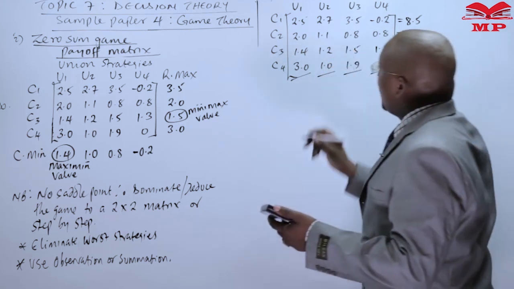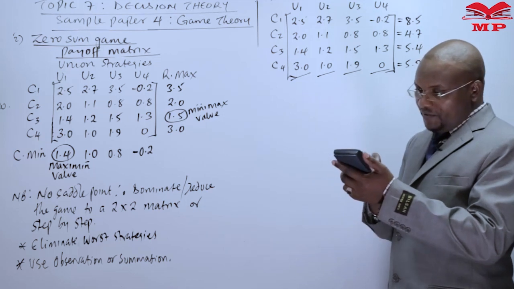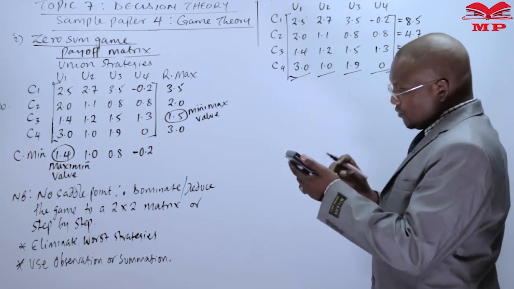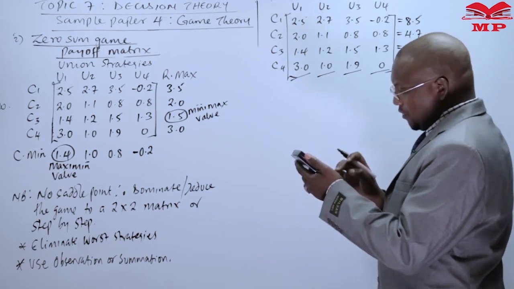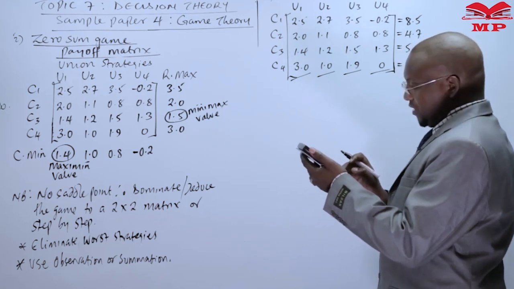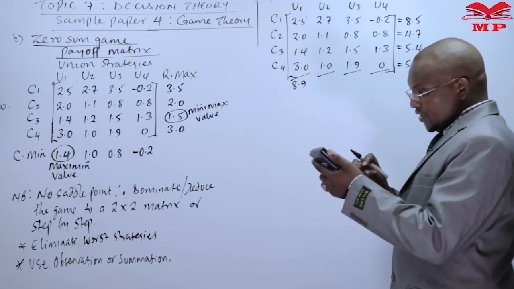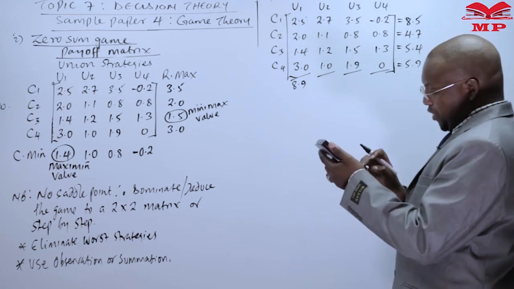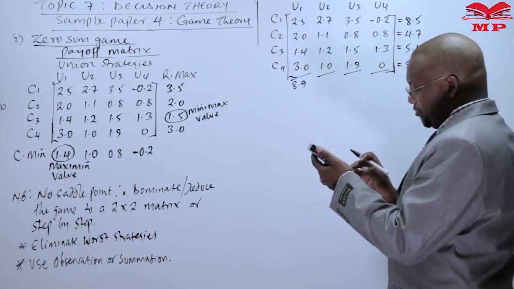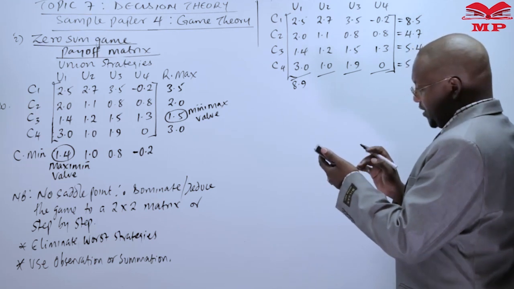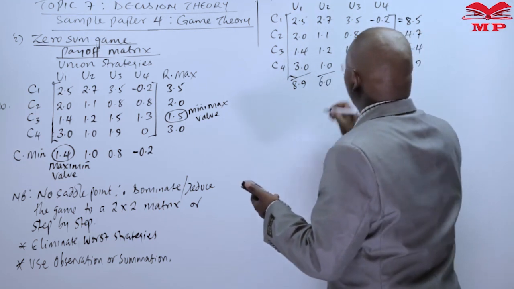Then when you add downwards, we have 2.5 plus 2 plus 1.4 plus 3. This gives us 8.9. Then you have 2.7 plus 1.1 plus 1.2 plus 1. This is 6.0.